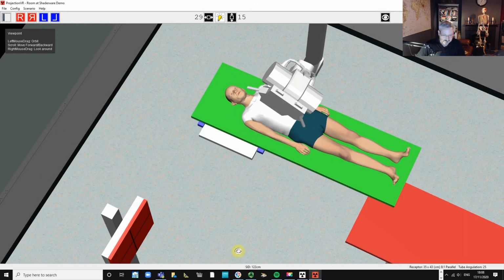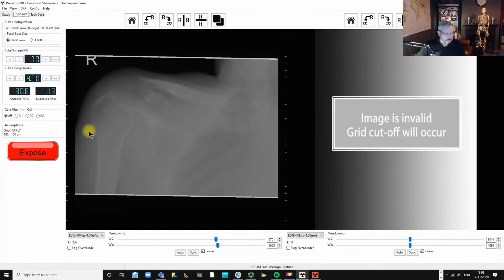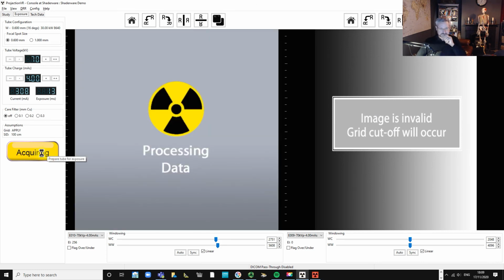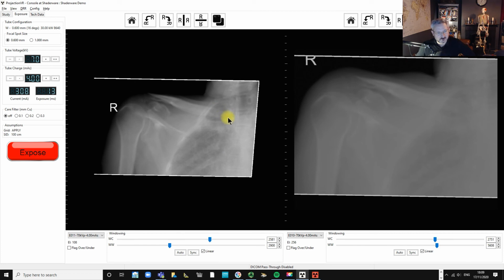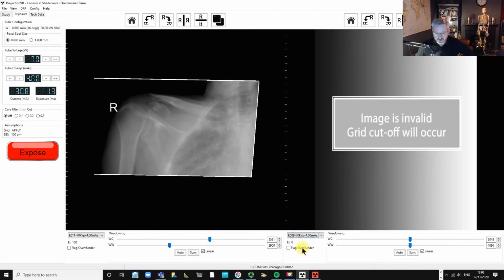And we expose that. And now we have our AP clavicle. Well, not our grid cutoff clavicle, but our AP clavicle.